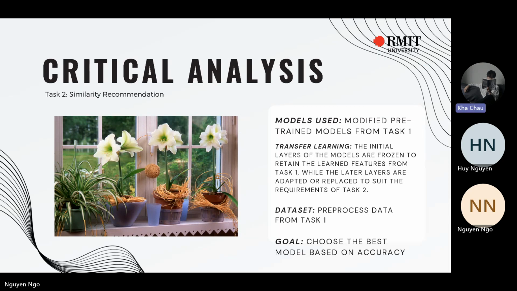For task two, we do the same. Our goal for this task is to recommend similar images of the flower that the user puts in. The model we use is a modified pre-trained model from task one, which uses the same dataset.